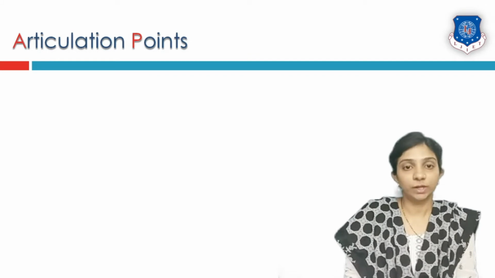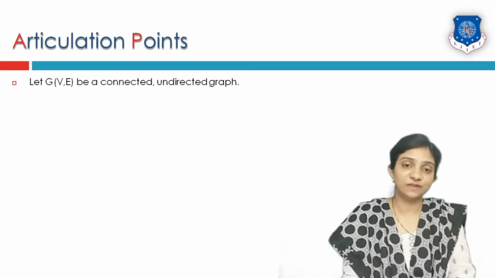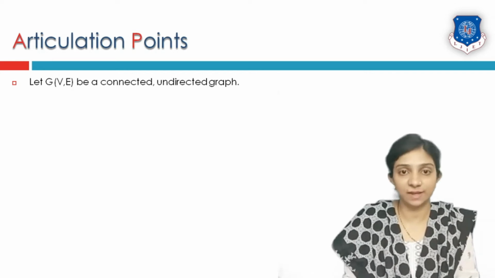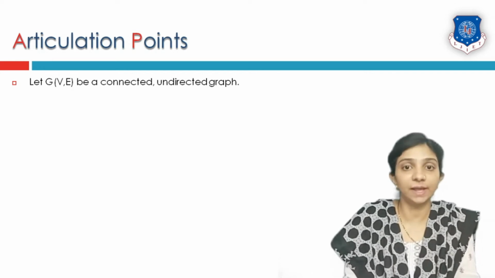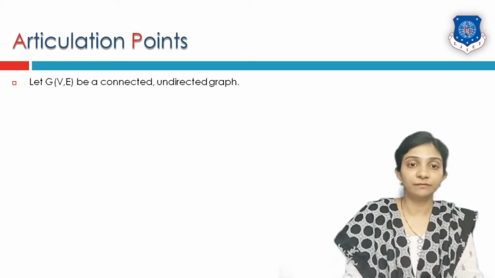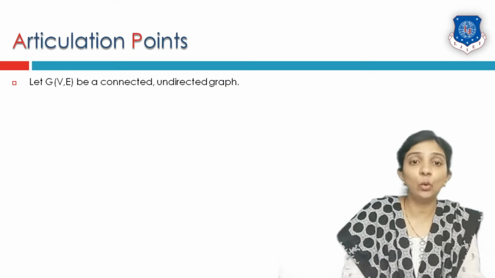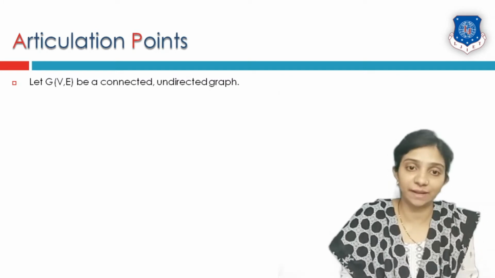Let us see what is articulation point. A given graph, which is a collection of vertices and edges, is a connected and undirected graph. What do we mean by connected graph? To move from some vertex to any other vertex, there exists a direct or indirect path.